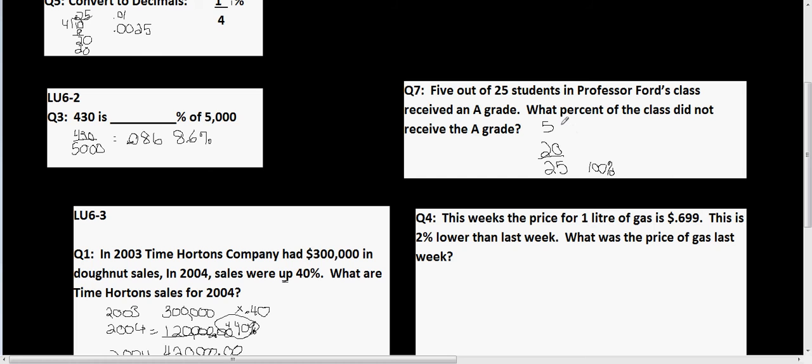So 5 divided by 25 and 20 divided by 25.